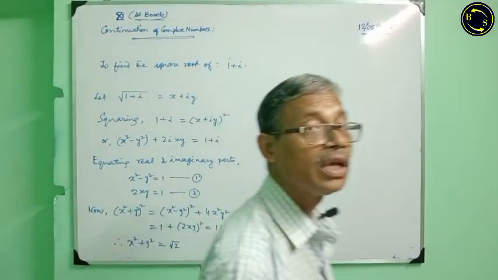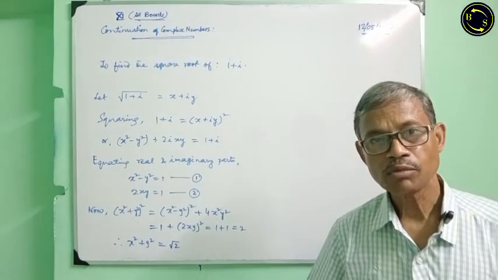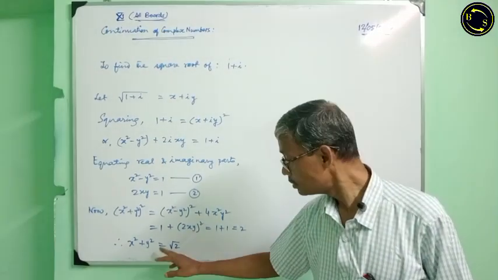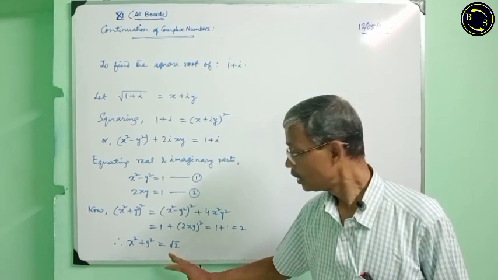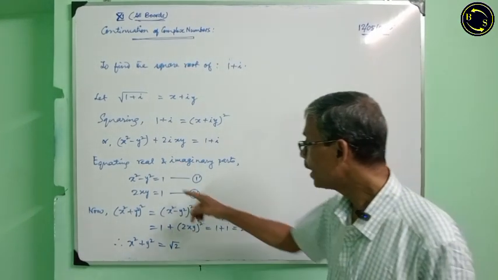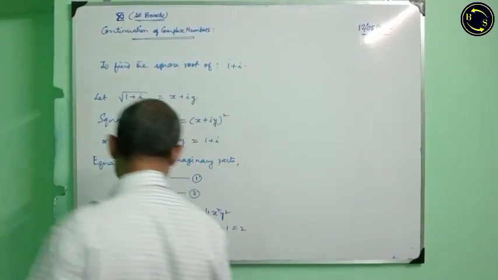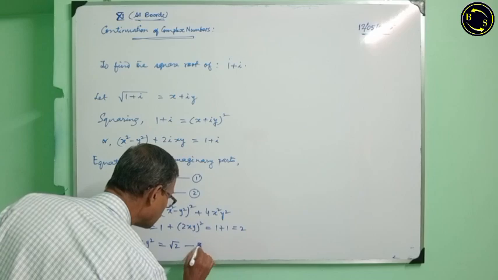Actually, while we write the answer of square root, we put the plus minus symbol. Therefore, for solving purpose, I have taken plus root 2. Now, x square minus y square equal to 1 and x square plus y square is equal to root 2, that is number 3.